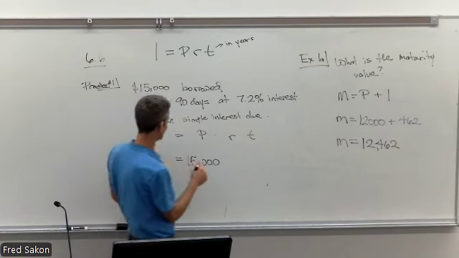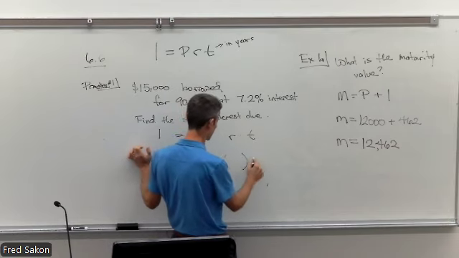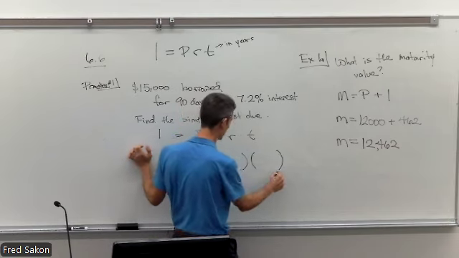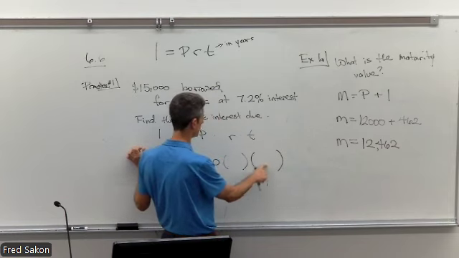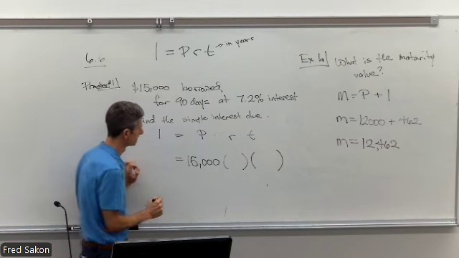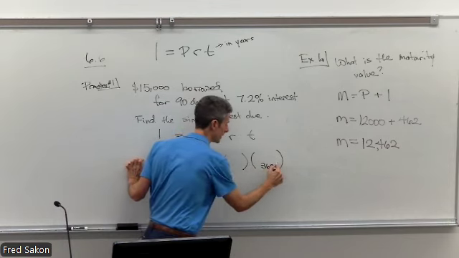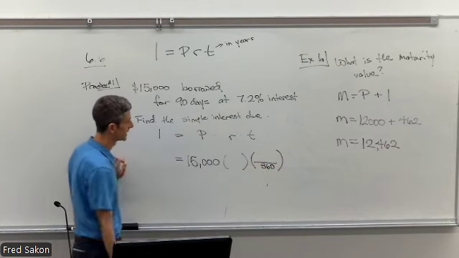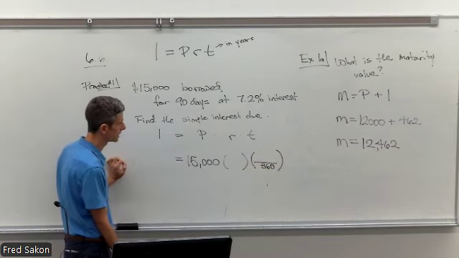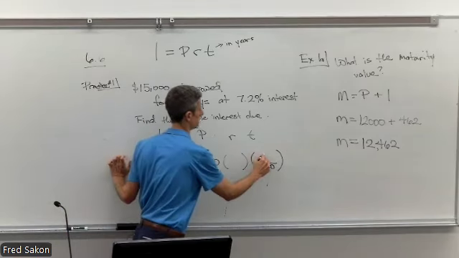So I'm just going to put a placeholder there for R. And then what will we place for our time T? 360-day assumption, number of days in the year. How many days is this loan going to be? 90 days.